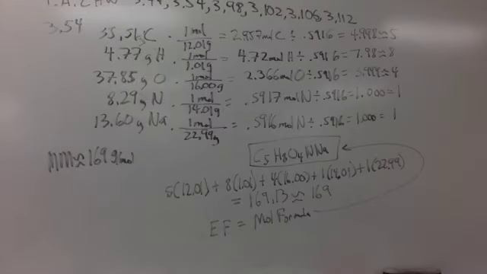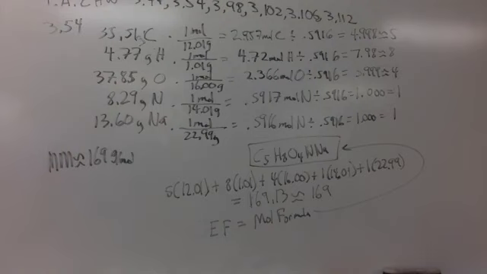Now, because the problem is so similar to 3.44, I've gone ahead and worked out the rest of the problem. I've changed percent to mass, so in other words, I dropped the percent sign and made it grams. I've changed to moles by dividing by each element's molar mass on the periodic table. Notice in AP Chem we go 2 places after the decimal. Chem 1 only went 1 place after the decimal.